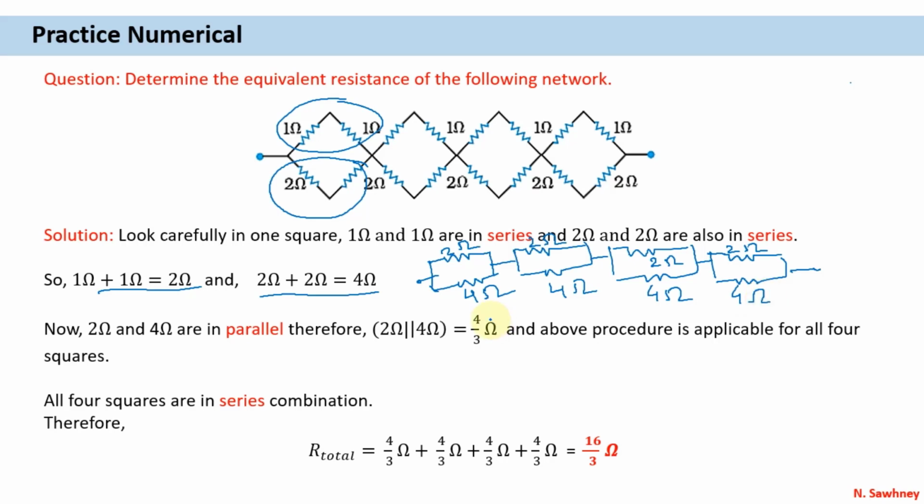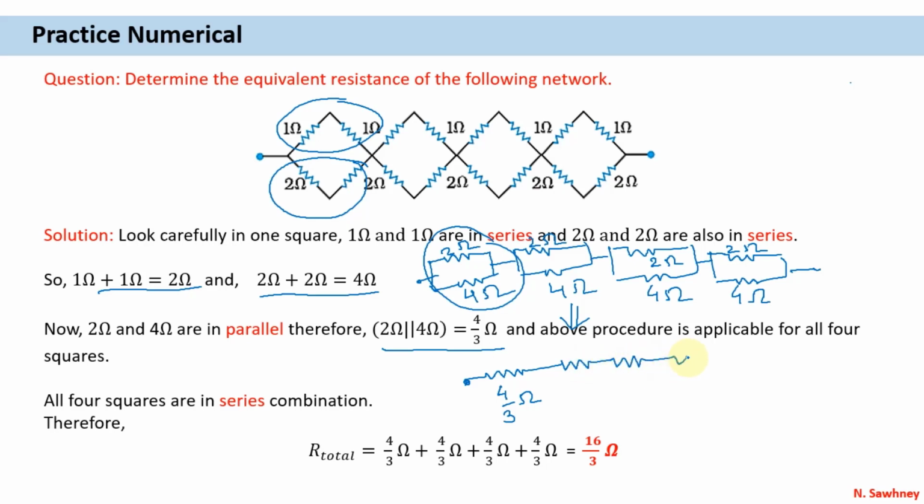Now again, if we look carefully, this part 2 ohm and 4 ohm are in parallel. That means we have to solve this parallel combination and we will obtain 4 by 3 ohm as the resultant of the parallel combination resistance, that is this value. And this is applicable again for all 4 parts.